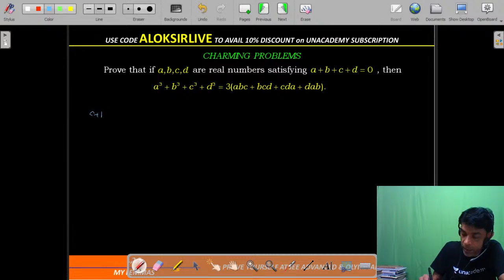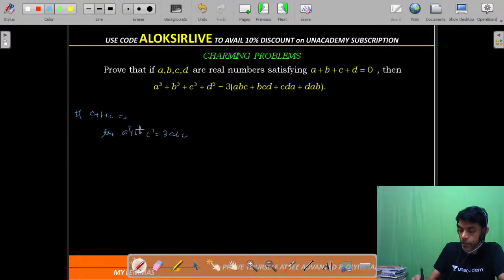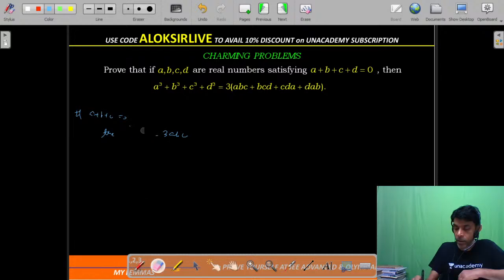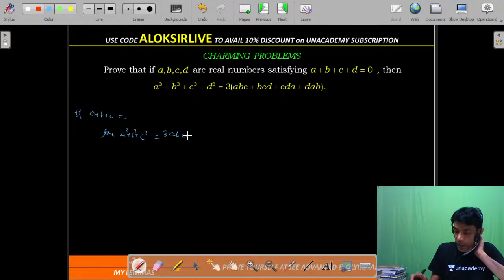See, we know that if a plus b plus c is 0, then a cube plus b cube plus c cube equals 3abc, right? If the sum of numbers is 0, then a cubed plus b cubed plus c cubed equals 3 times their product. This is what is known.